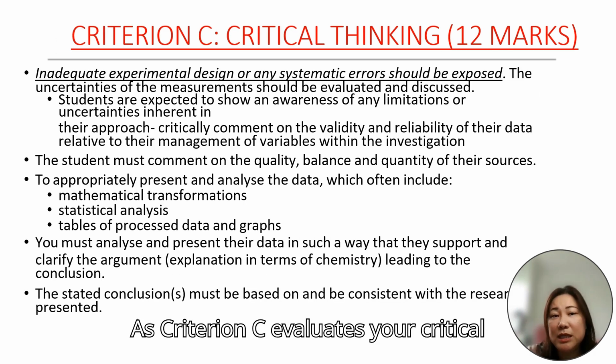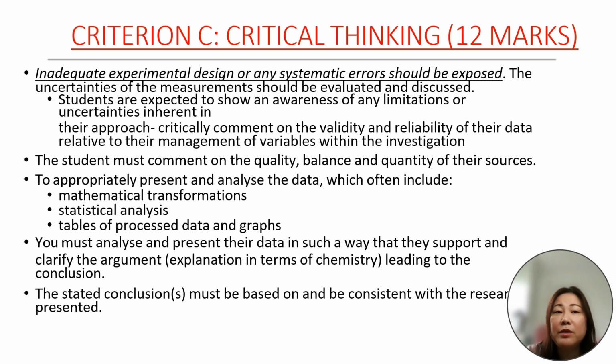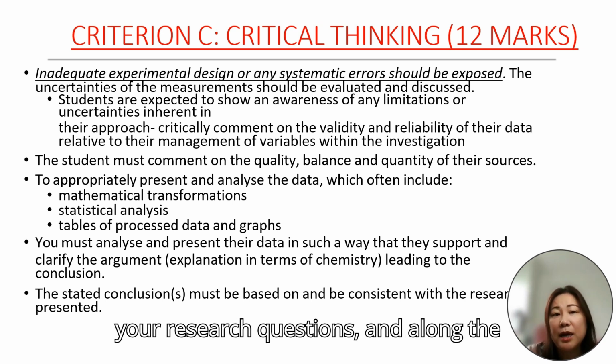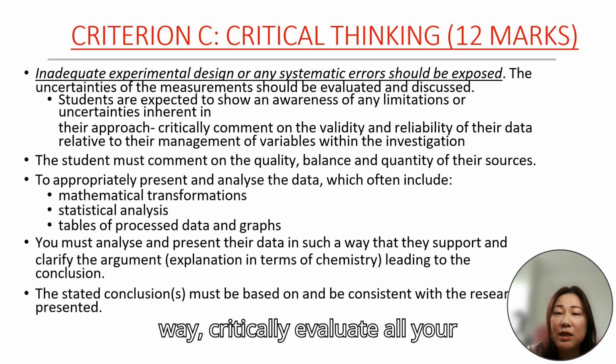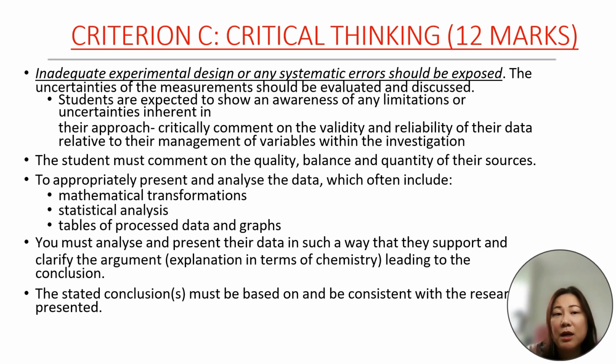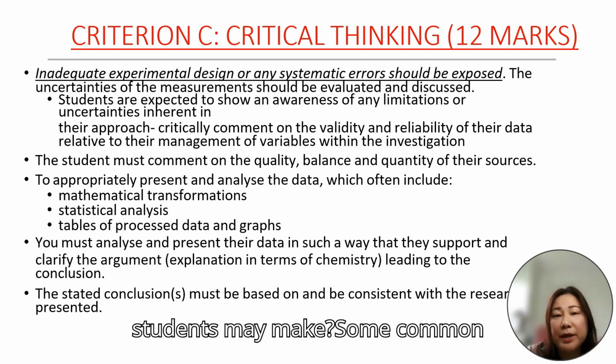As criterion C evaluates your critical thinking skills, you need to develop a reasoned argument that focuses on your research questions and along the way critically evaluate all your sources and your methodology. So what are some common mistakes that students may make?